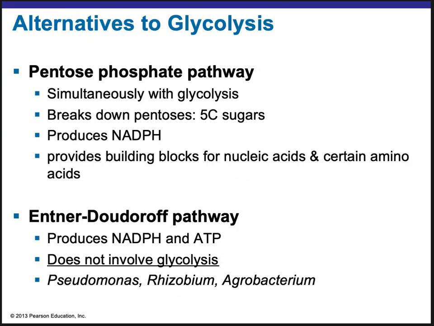next, some cells don't do glycolysis, and they use this completely alternate pathway here. And we see some examples like the Pseudomonas, rhizobacteria or agrobacteria, which are in the soil.